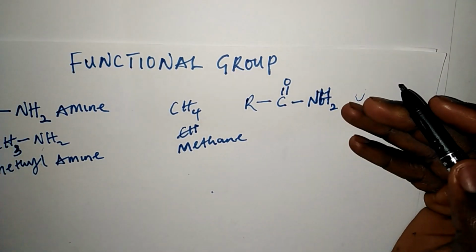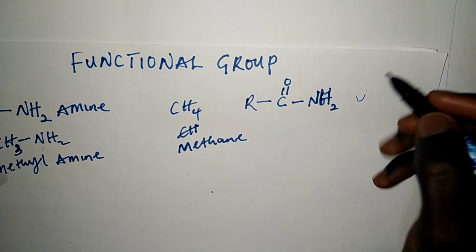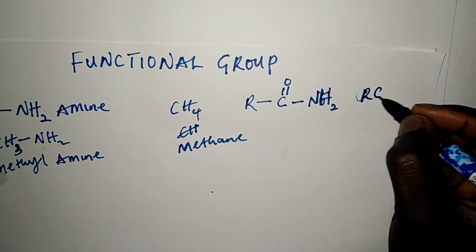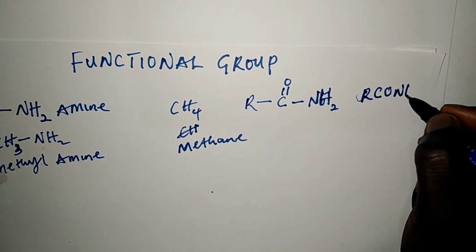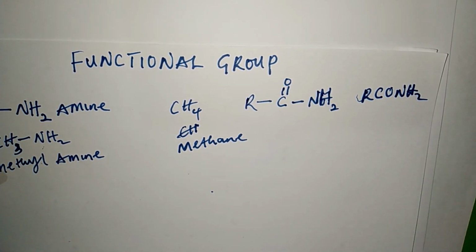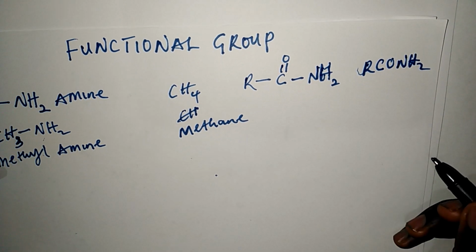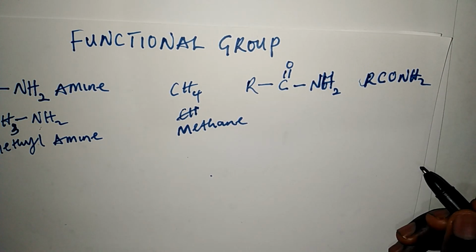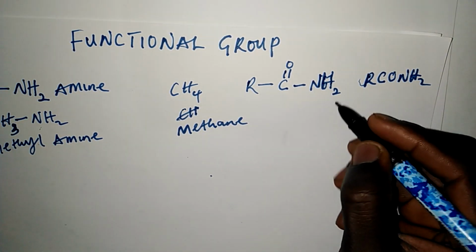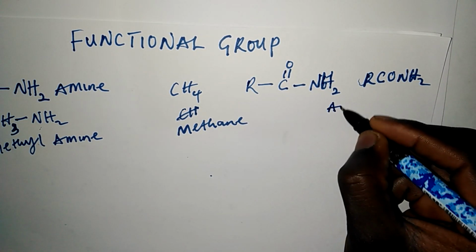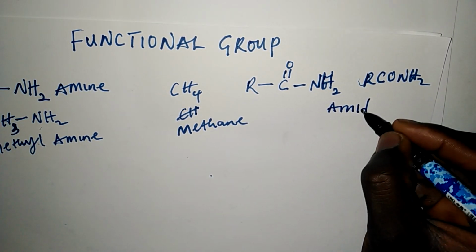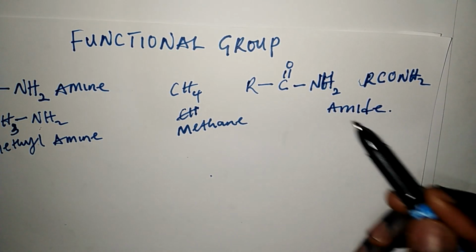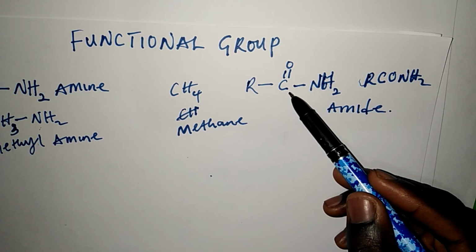This can also be written in some textbooks as RCONH2. In both cases, this functional group is referred to as an amide. The difference between an amide and an amine is the presence of this carbonyl carbon.